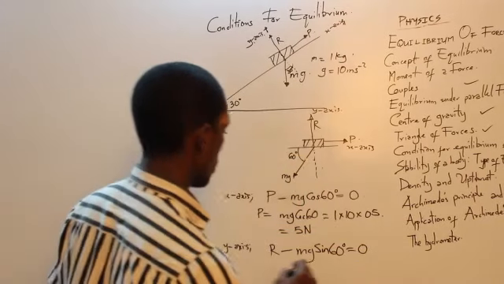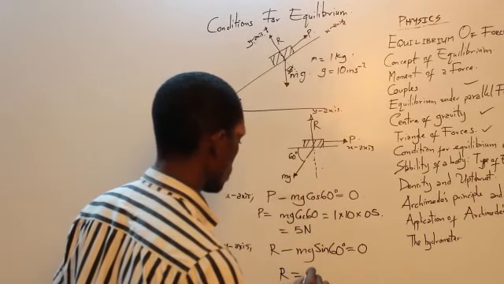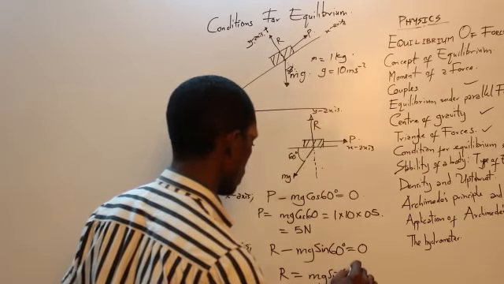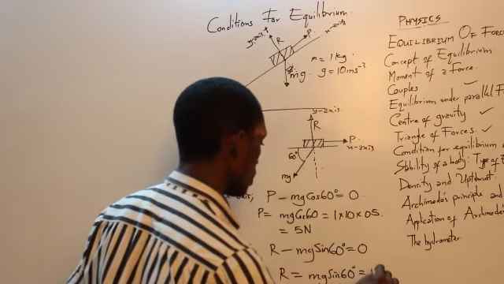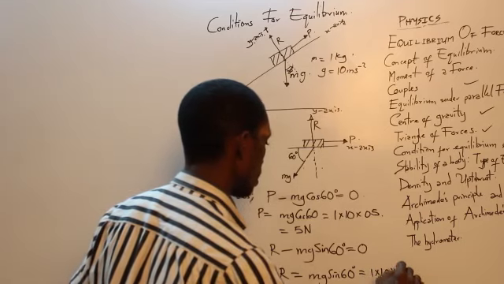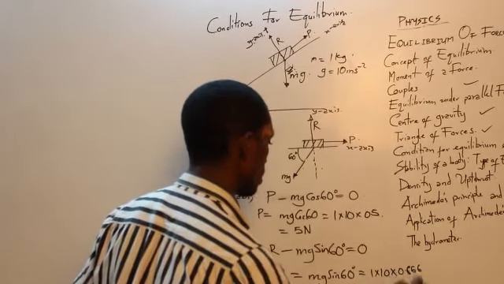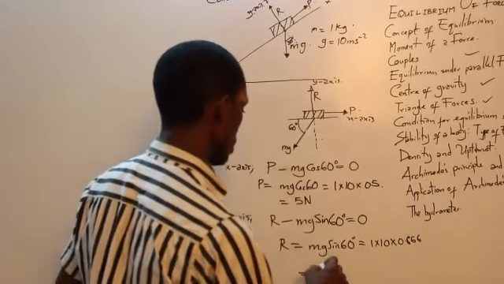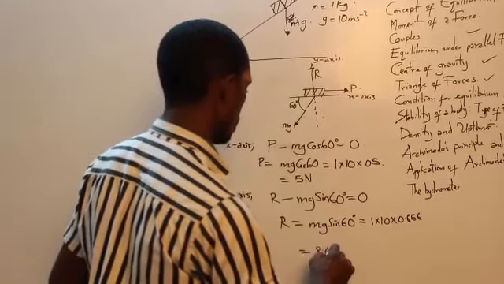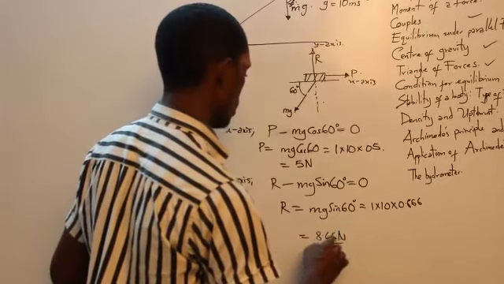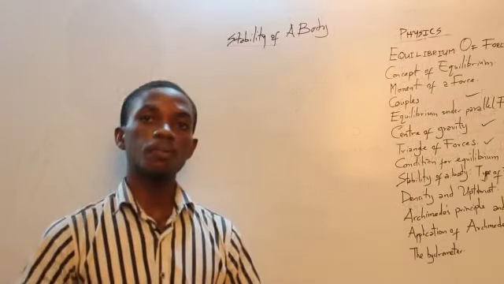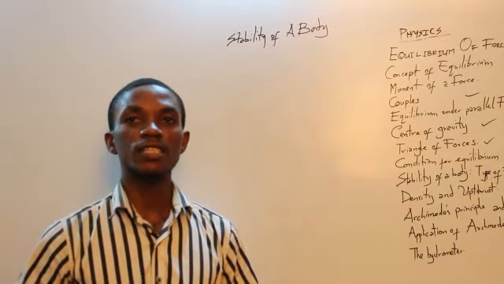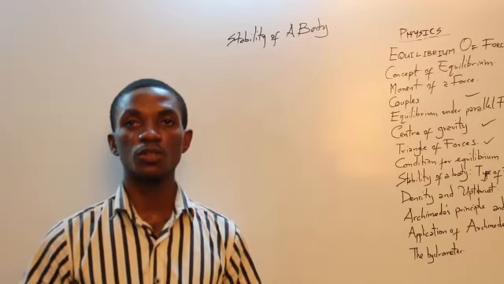So my R becomes mg sine 60 degrees, which is 1 times 10 multiplied by 0.866. When we use the calculator, we'll have 8.66 newtons.